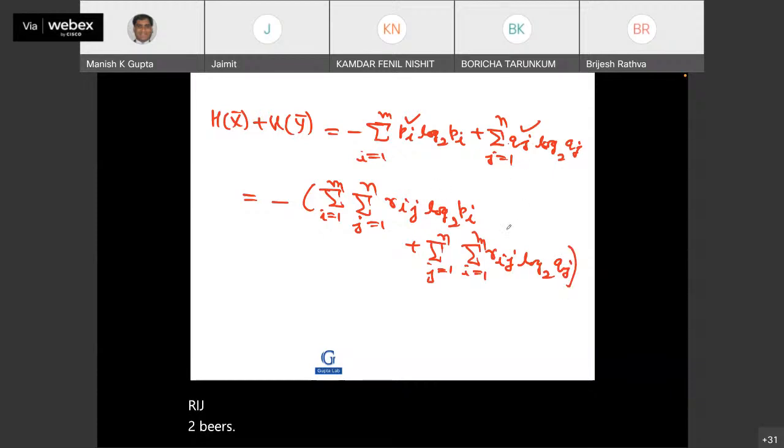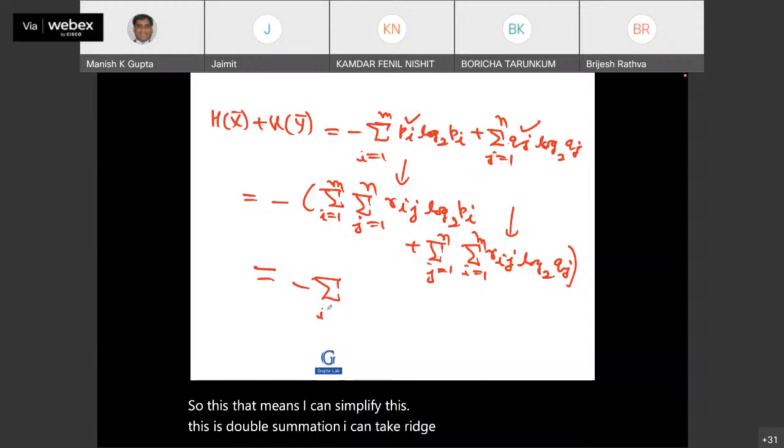I've just substituted these values of pi and qj. Now I can simplify this double summation. I can take rij common, summation i equals 1 to n.